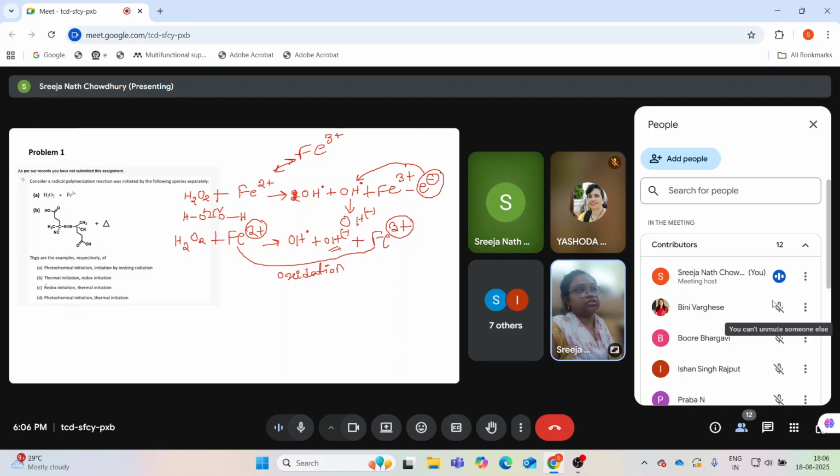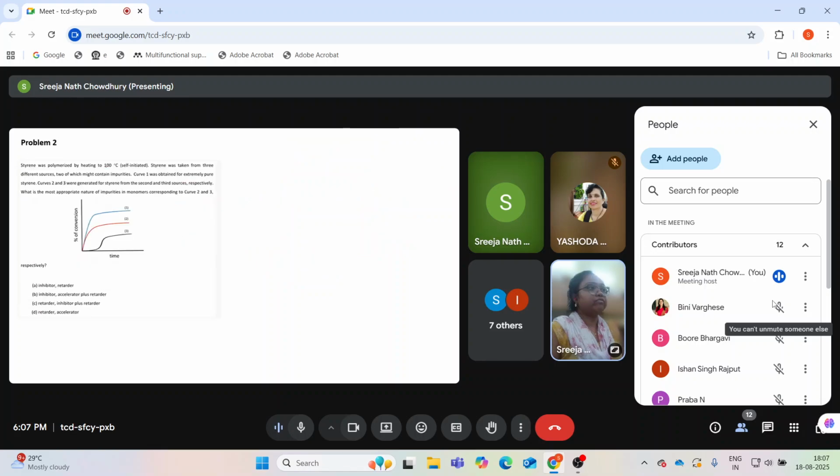This is the second problem of your quiz sheet. Styrene was polymerized by heating to 100 degrees centigrade, and this is a self-initiated polymerization. Styrene was taken from 3 different sources, 2 of which might contain impurities.